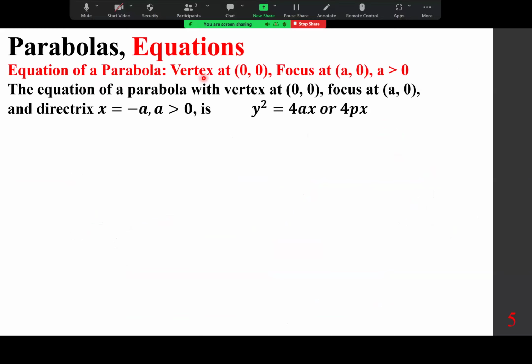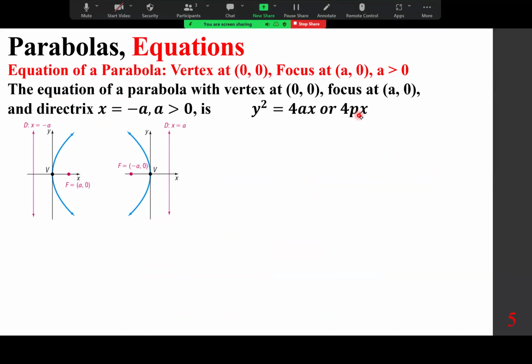Equation of a parabola: vertex is located at 0, 0, focus is at A, 0, A is larger than 0, remember A or P. The equation of a parabola with the vertex at 0, 0, focus at A, 0, and directrix having the equation x equals minus A, where A is positive, is y squared equals 4ax or 4px. And I'd rather go with P, and I'll tell you why in a moment.